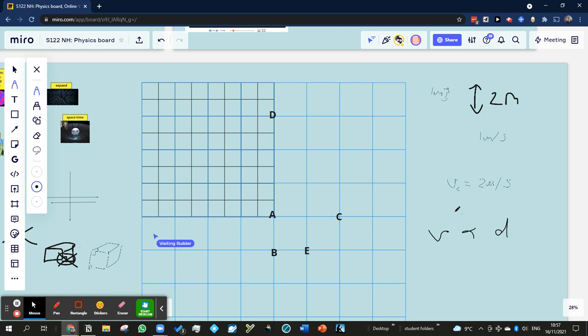If over that 1 second it doubled, then the seeming velocity of everything that's moving away from it would be directly proportional to the distance it started at from it.